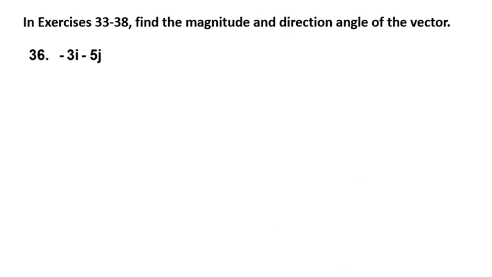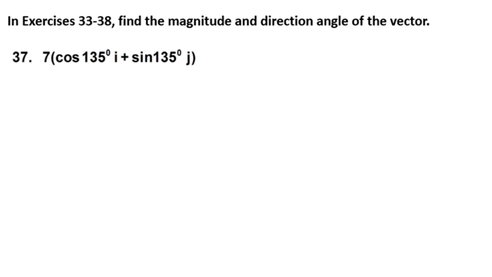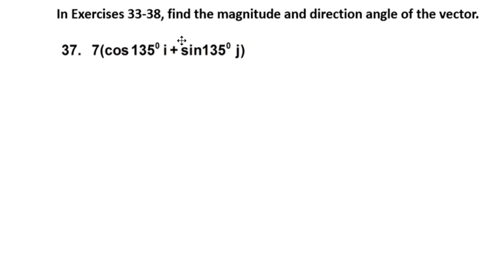Next and last odd number problem in this set is going to be number 37. And what we have are the standard unit vectors i and j. So reviewing what I wrote down earlier, we have i is equal to the standard unit vector 1, 0, and j is equal to standard unit vector 0, 1.